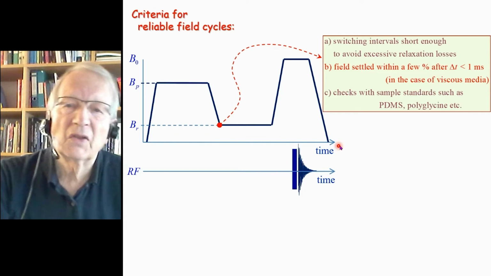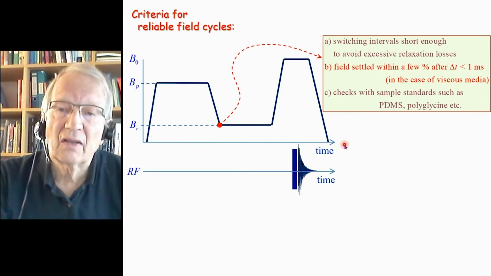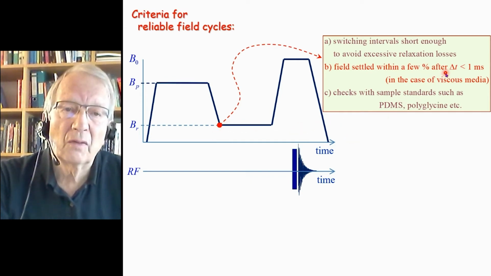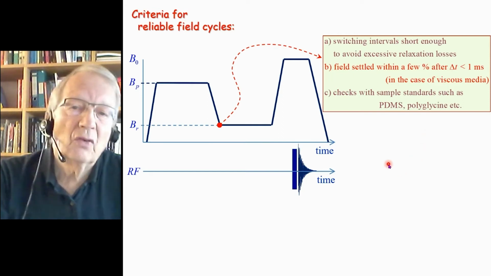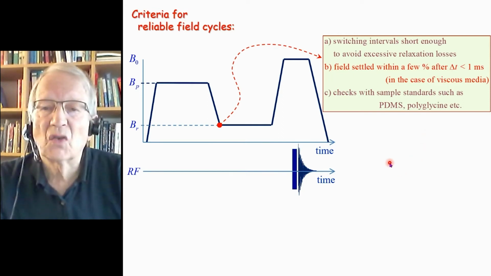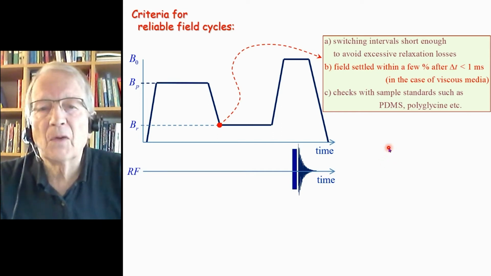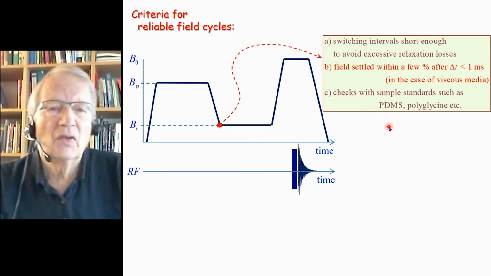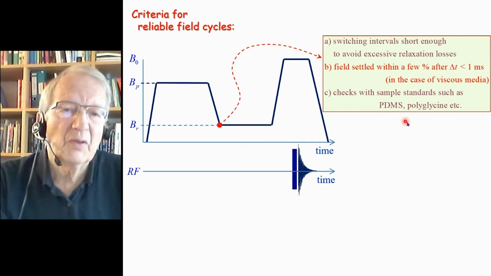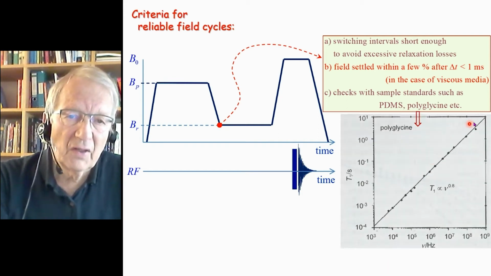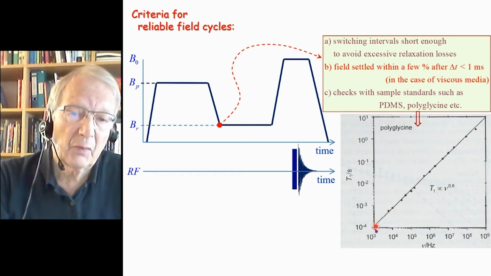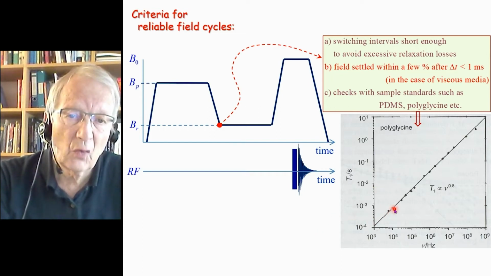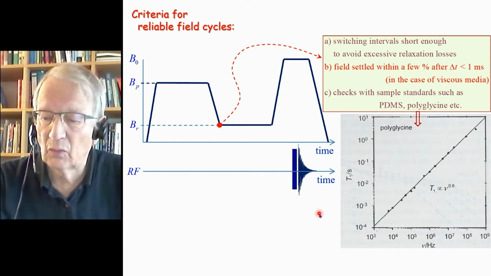I mean, we have relaxation times as short as just 1 millisecond, and therefore this field should settle within a millisecond or better less, within a few percent. There should be no oscillations or overshooting. If you have any doubts whether your system is reliable in this respect, you can use a standard sample like PDMS or polyglycine, as shown here, and then you can do a test experiment, and whenever you can reproduce the known dispersion at low fields, you can be sure that your system is okay.